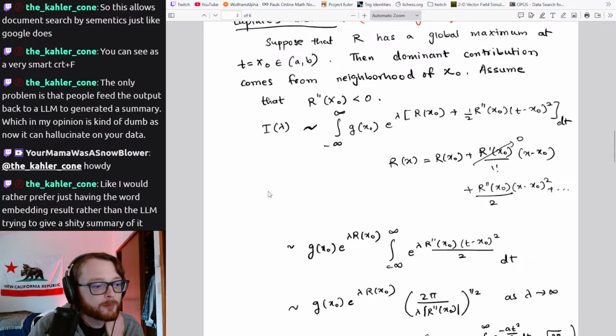You would prefer just having the word embedding result rather than the LLM trying to give a shitty summary of it? Yeah, that's fair.